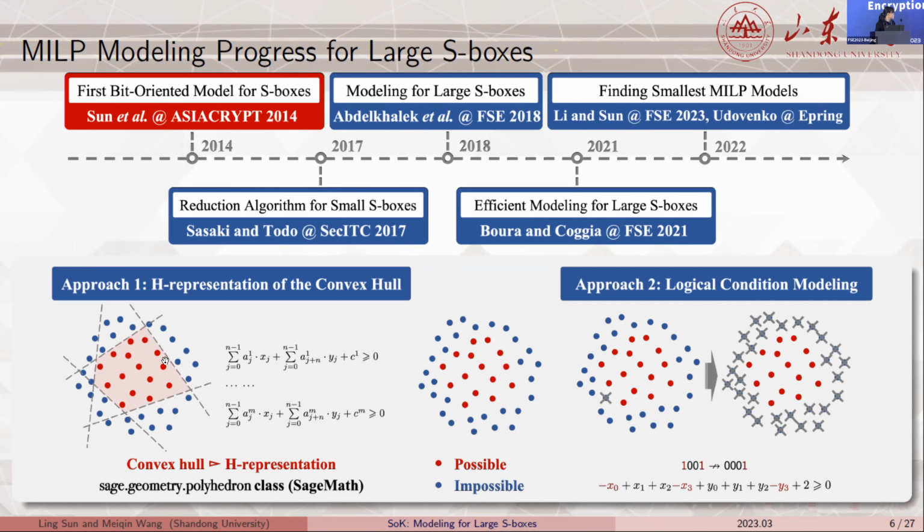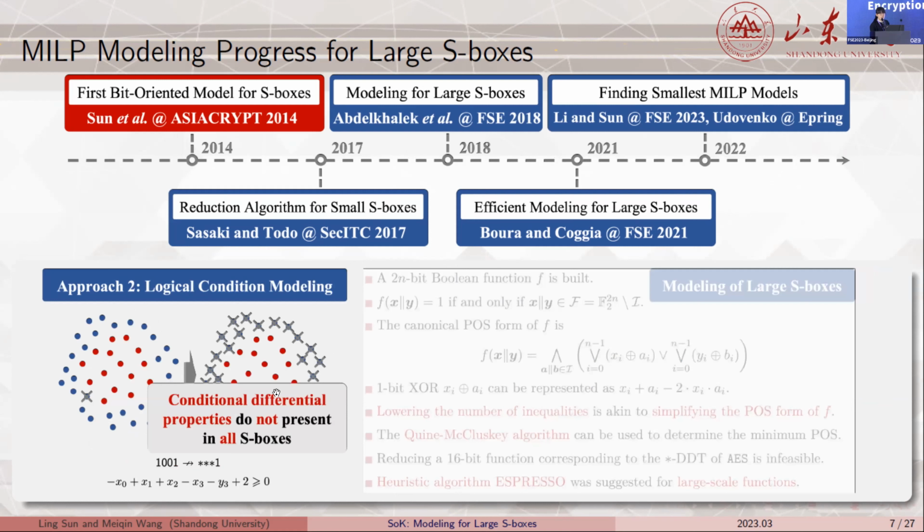In the first approach, we treat all possible propagations as a set, and its convex hull is defined as the smallest convex set containing it. The convex hull can be represented as a common solution of a system of linear inequalities, and we call it the H representation of the convex hull.